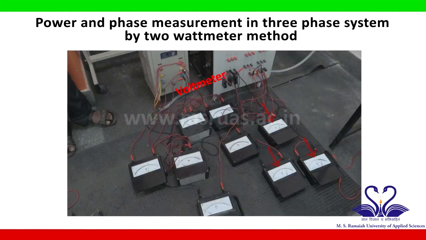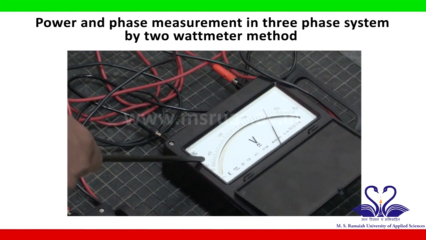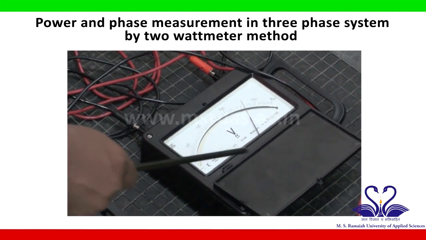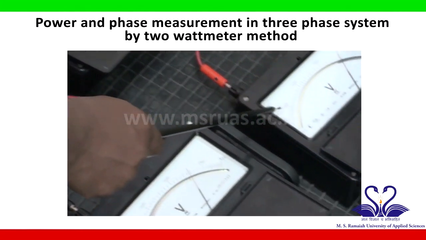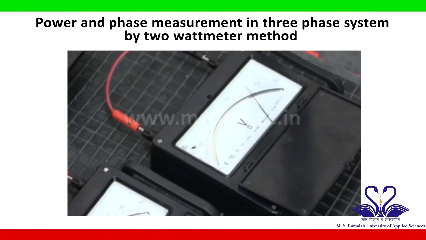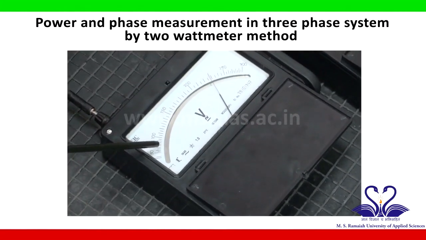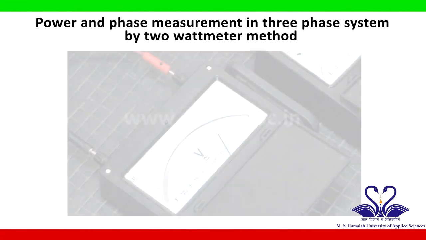And in a similar way you have to note down the readings of the voltmeters. This voltmeter is connected to the R phase, it is showing 230 volts, and another voltmeter is also showing 230 volts, and next the voltmeter connected to the B phase is also showing 230 volts.